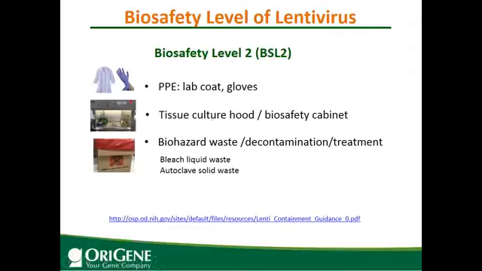For biohazard waste decontamination, for liquid use bleach. And for solid waste, if you can pass it through bleach and then autoclave, such as pipettes, you pass them through liquid bleach and then autoclave. For details, you can follow the NIH guidelines.